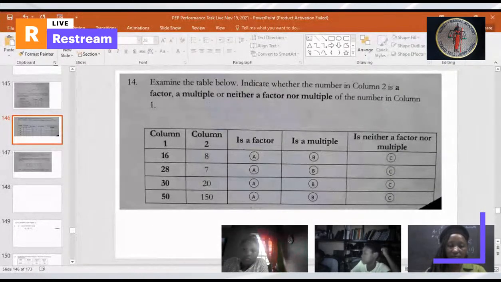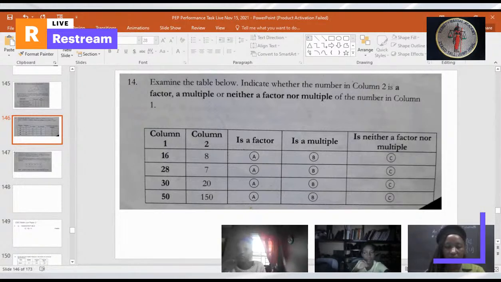Okay, miss. Question 14. Examine the table below. Indicate whether the number in column 2 is a factor, a multiple, or neither a factor nor multiple of the number in column 1. Column 1: 16, 28, 30, 50.